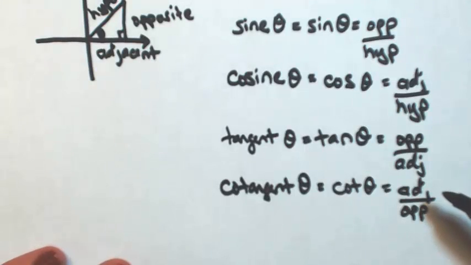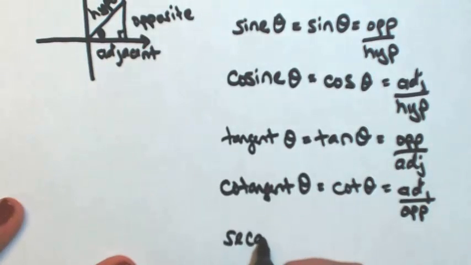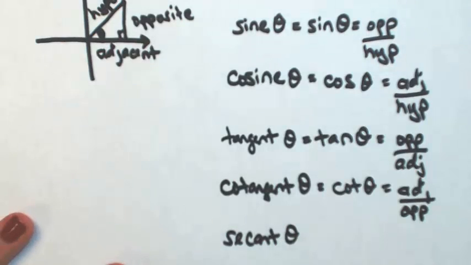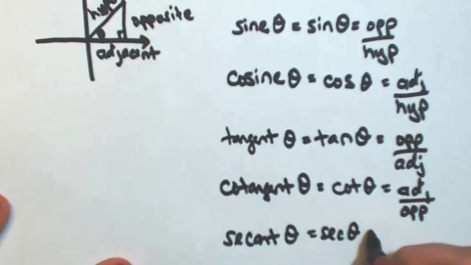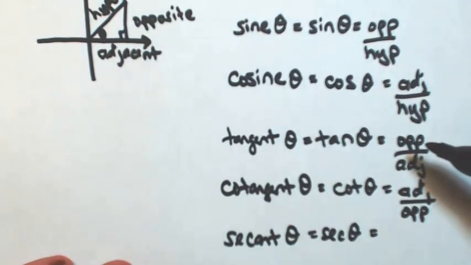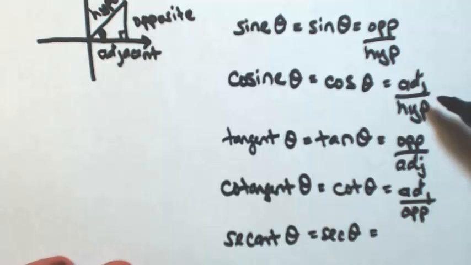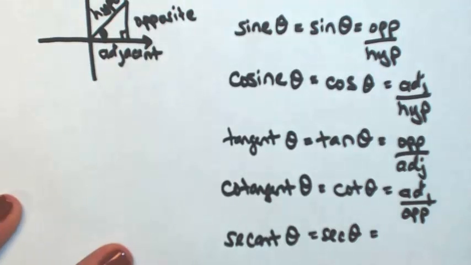The next set of cofunctions are the secant, again of theta, abbreviated SEC. And this is going to be the reciprocal of cosine, so hypotenuse over adjacent.